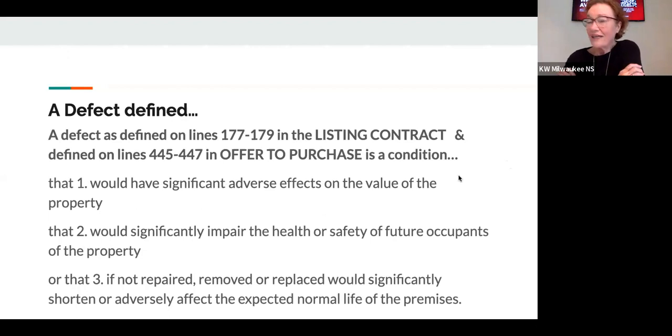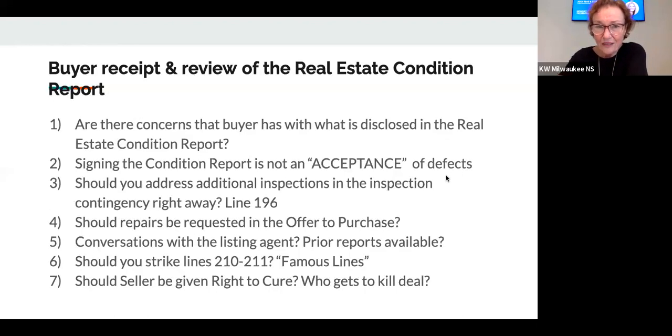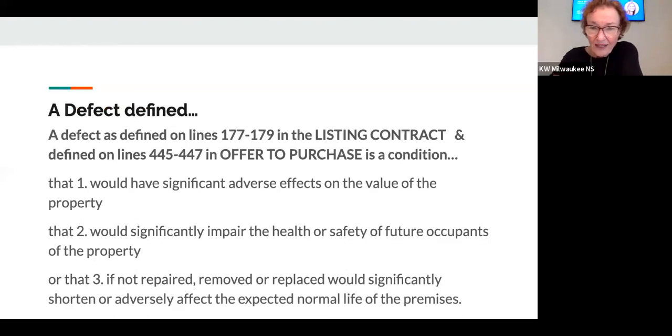It would have a significant adverse effect on the value of the property. So if this defect is allowed to continue in this house, it would have a significant adverse effect on the value of the property. Two, that it would significantly impair the health or safety of future occupants of the property. So safety is a big aspect of a defect, obviously.